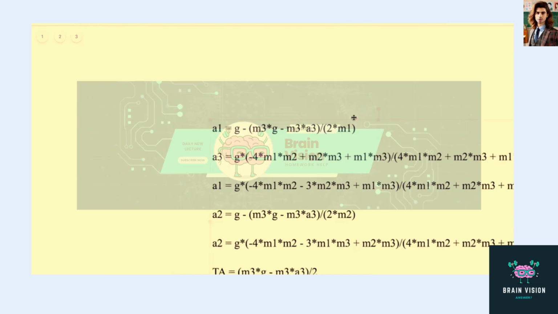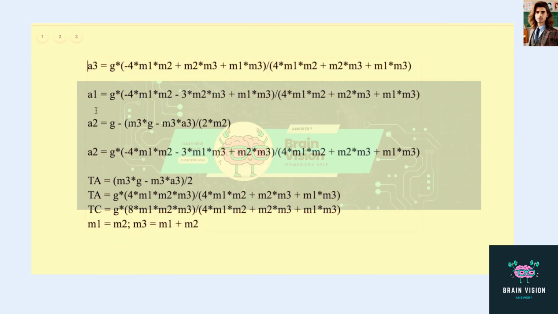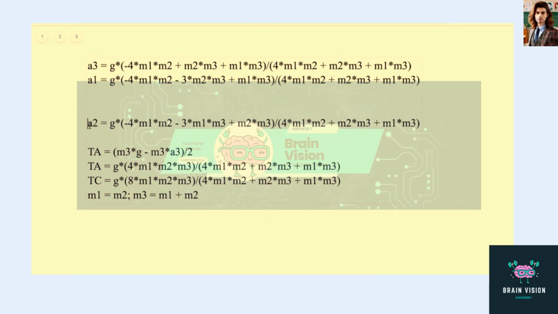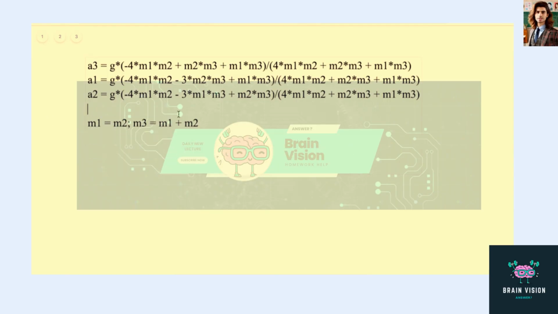So here's our final expression for A3. Here's our final expression for A1. Here's our final expression for A2. And then these are the conditions that we are considering.